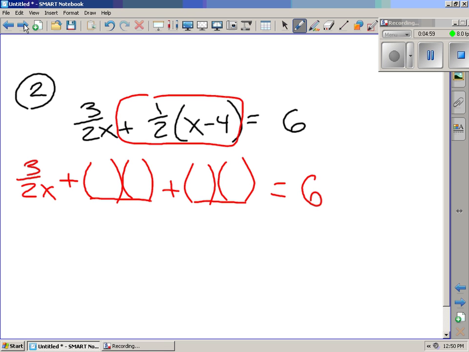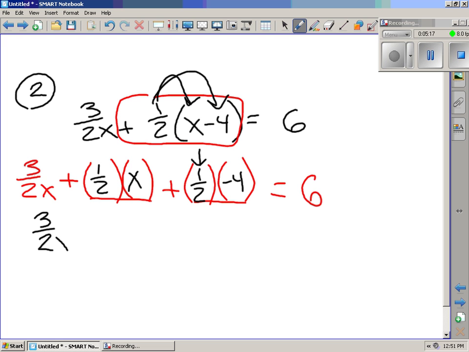In the first blank, we put in the 1/2, and that's being distributed to the x. In the second section, we put in the 1/2 in the first set of parentheses, and it's being multiplied by the -4. And then we continue to copy down the problem, simplifying as we go. 1/2 of -4 is -2.